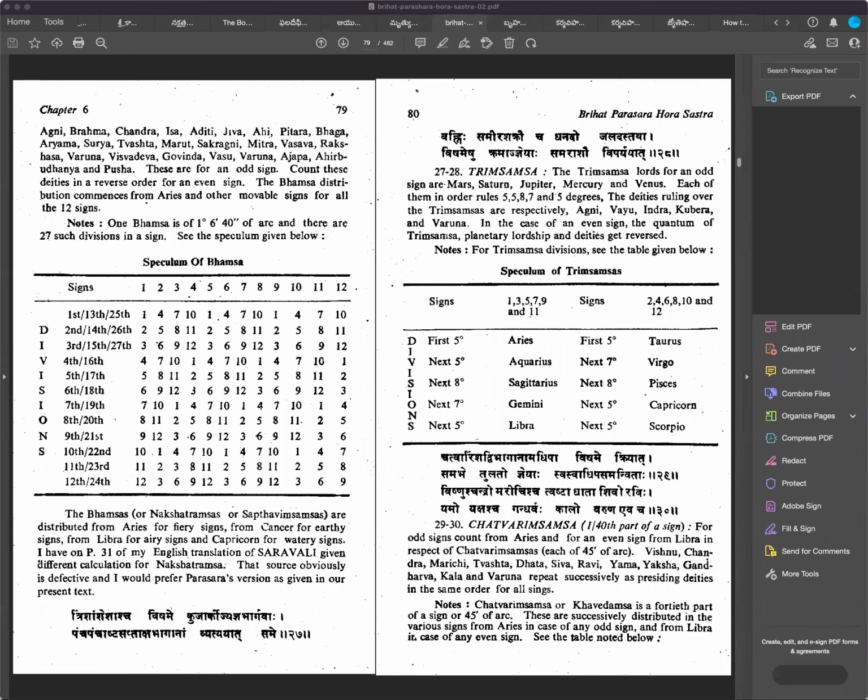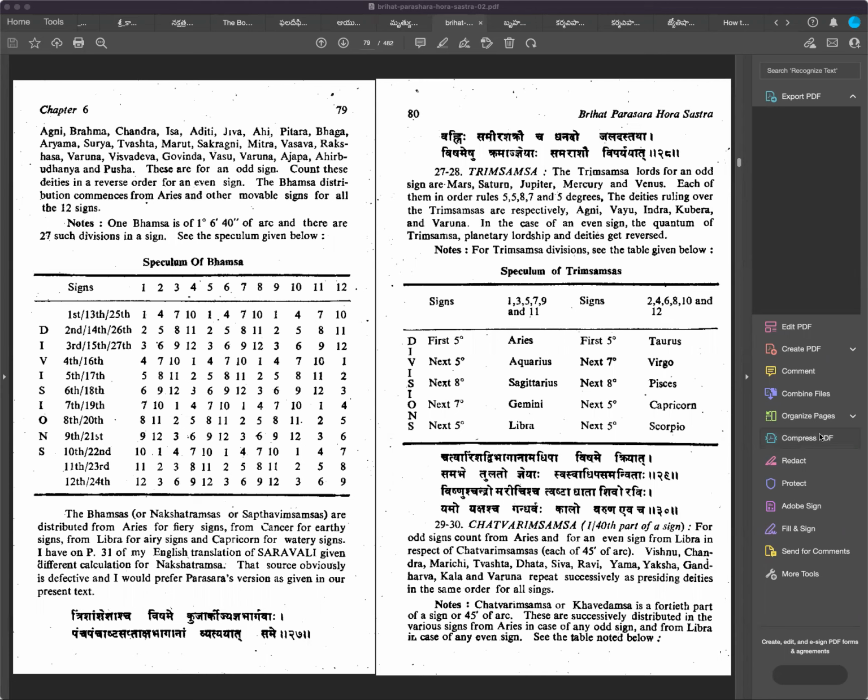Vahrihi Samira Chakshau Cha Dhanado Jaladasthatha Vishameshu Krama Jneyaha Samarashau Viparyayat.